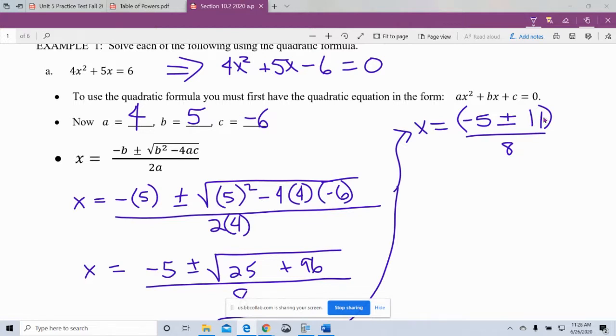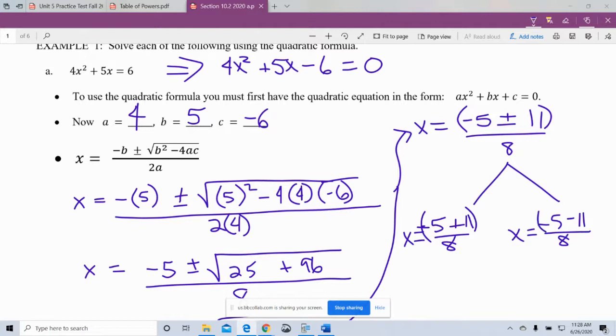So these are like terms, so I can definitely do both of these. So the first one, I'll split it this way, is we're going to do -5 plus 11 and divide it by 8. And the other one is we're going to do the -5 minus 11 and then divide it by 8.